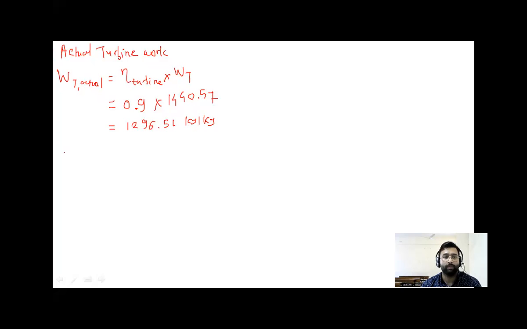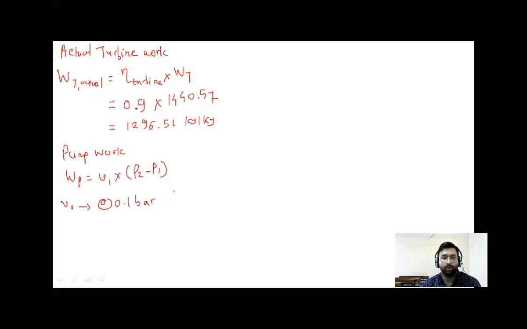Next is calculation of pump work. Pump work will be equal to specific volume at point number 1 into P2 minus P1. Now calculate specific volume at point number 1. It is at 0.1 bar.